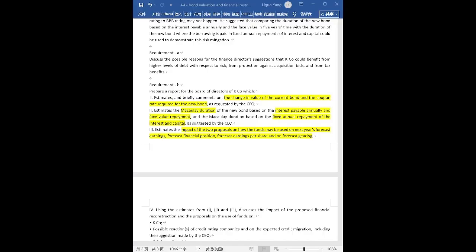The next one is to estimate the impact of the two proposals on how the funds may be used on the next year's forecast earnings, financial position, earnings per share, and gearing. Yeah, it's over here. Estimates. Okay.